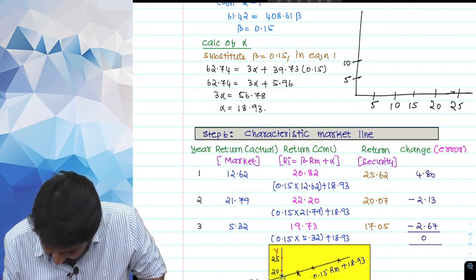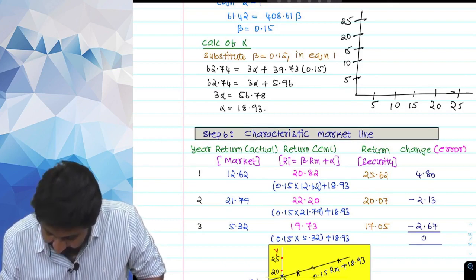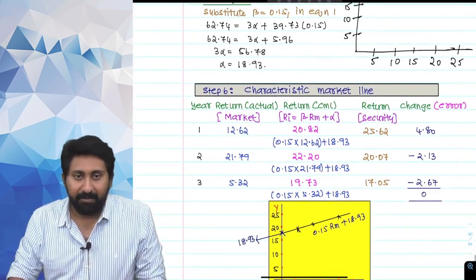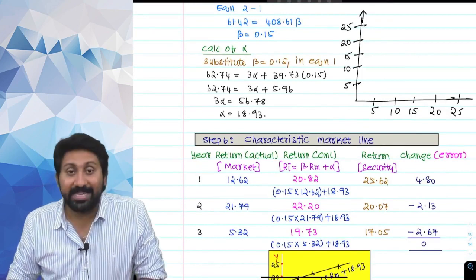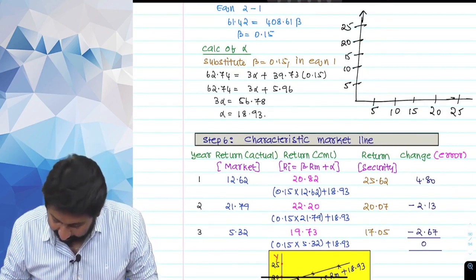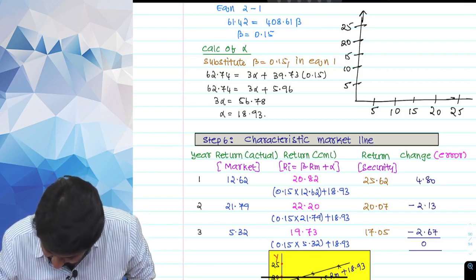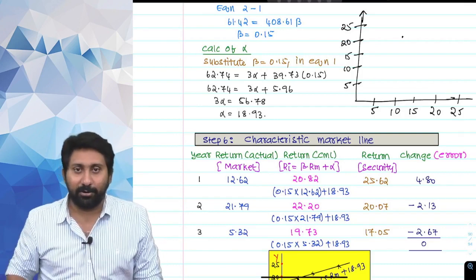See here now. When the market is at 12.62, TML return will be at 20.82. Somewhere here. Don't shout at the answer.